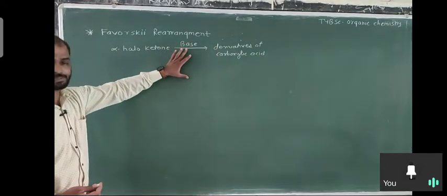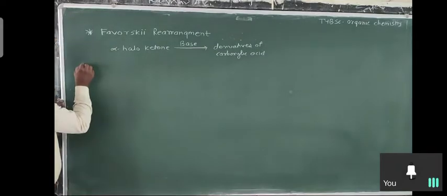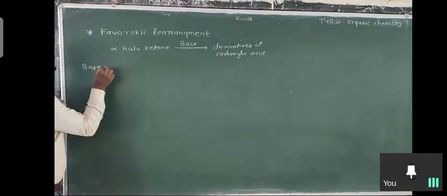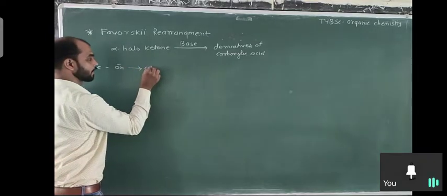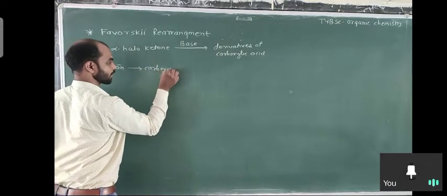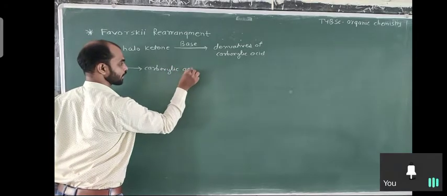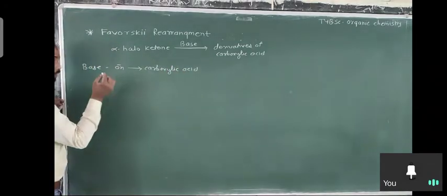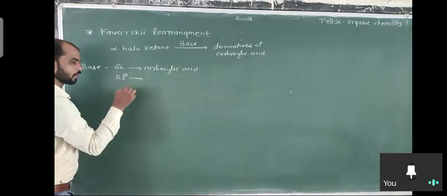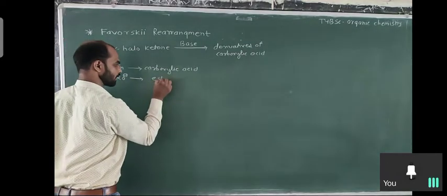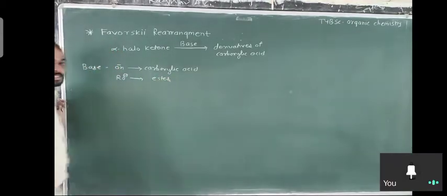Various bases are used. If the base is hydroxide, the product is carboxylic acid. If alkoxides, RO minus, are used, then the product is an ester.